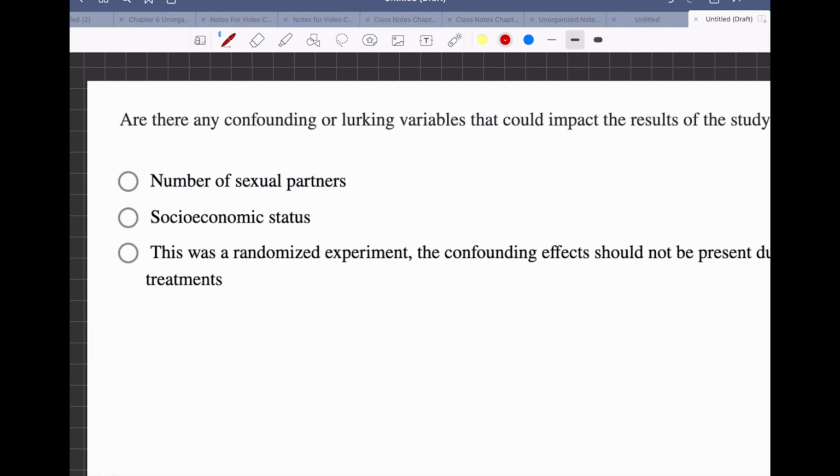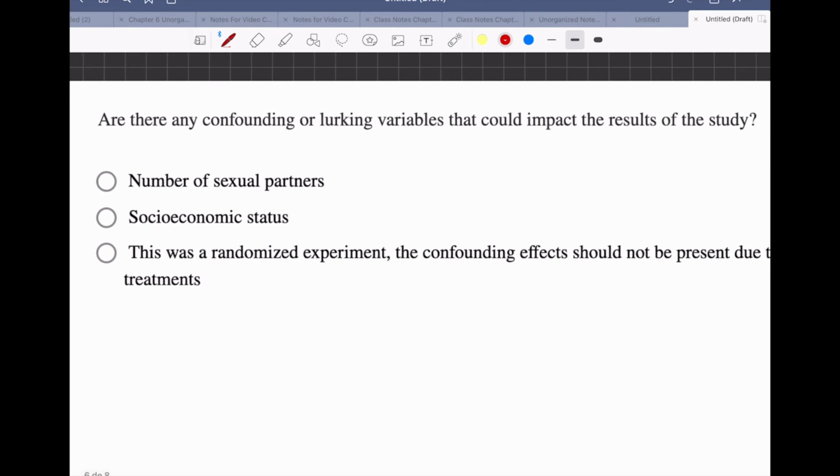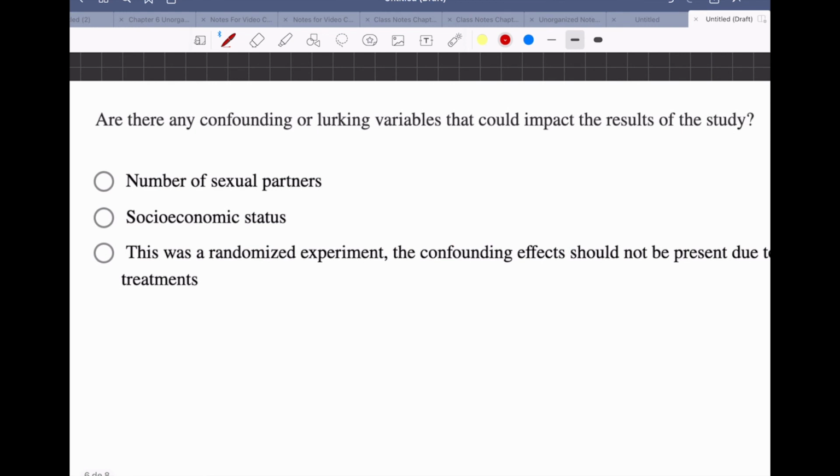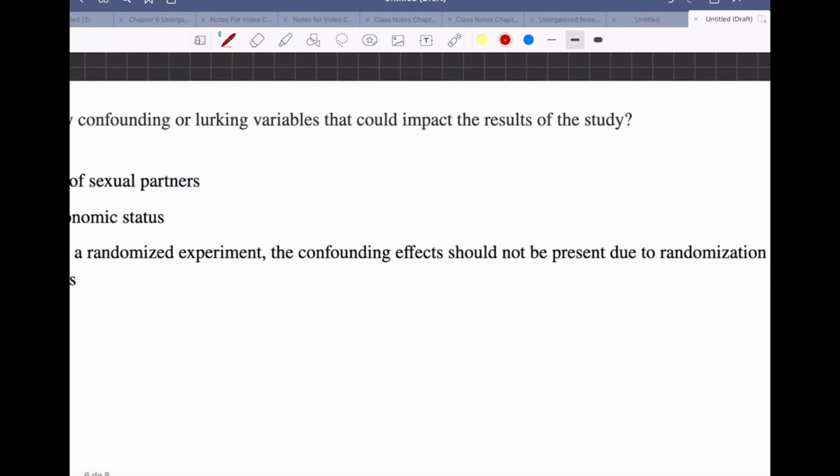Are there any confounding or lurking variables that could impact the result of the study? Here you have some possibilities, like the number of sexual partners and socioeconomic status. Then we have the option that this was a random experiment, so the confounding effect should not be present. Maybe they are, though.